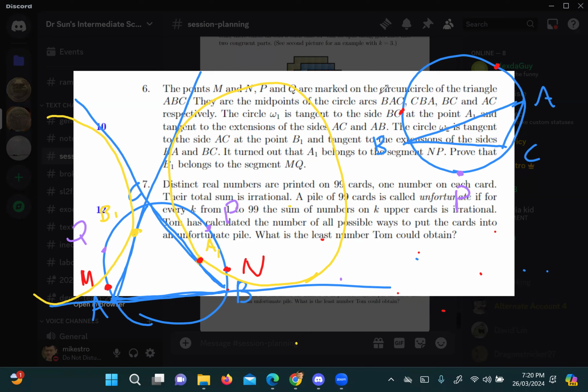We'll have our N here, and then our A1 is here. We'll just make this line, and then make this A1. We'll draw an M, for might as well.